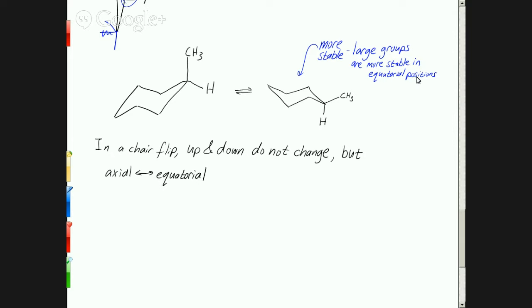So your reasoning was totally right, that you want to get the bigger groups out of the way of the other stuff. I wasn't looking at the big group, I was looking at the hydrogen. Oh, okay. So yeah, looking at the bigger group. But your reasoning is correct, that you want to get this stuff away from the other stuff. And the best way to do that is to get it pointing outward of the ring, because when we bring it up into the ring, or bring it up to the axial position, it can more interfere with that stuff.